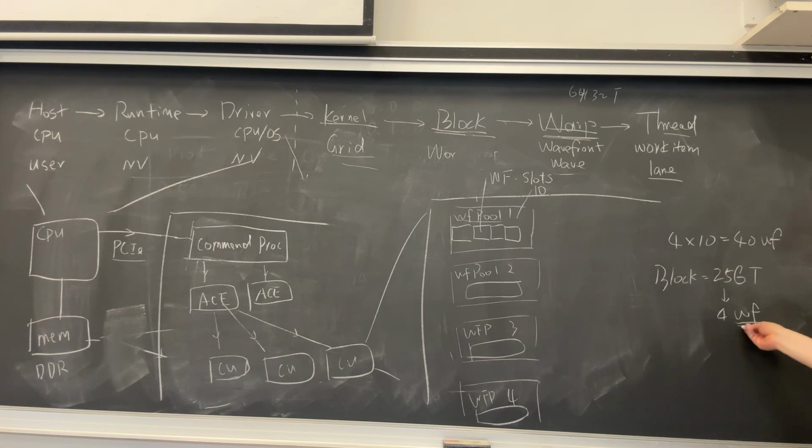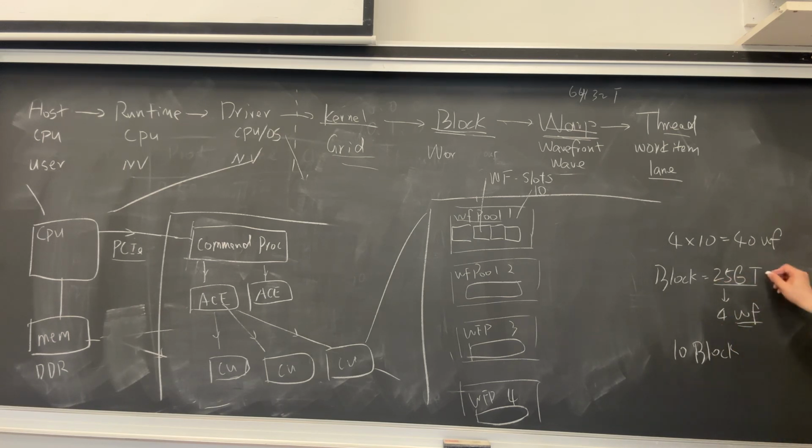Okay, 4 wavefronts. That means 40 wavefronts divided by 4 wavefronts means 10 blocks each compute unit can handle. So each compute unit can execute 10 blocks at the same time. If you have smaller blocks, you can execute more.